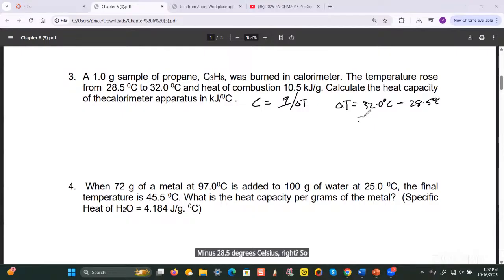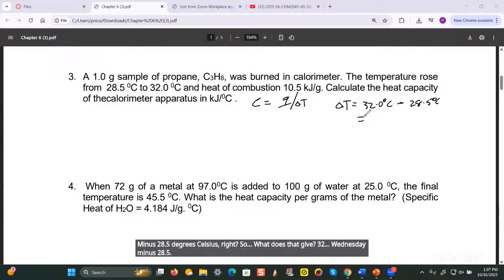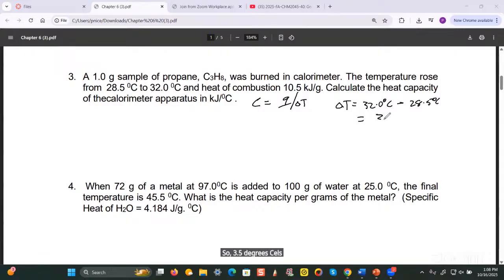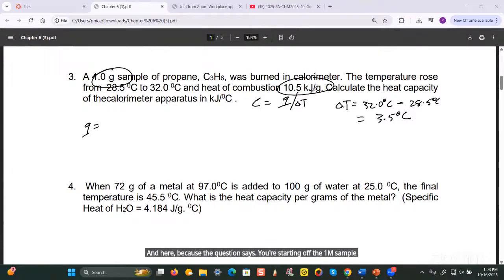So what does that give? 32.0 minus 28.5, so 3.5 degrees Celsius would be delta T. Now, the question becomes, how do we get Q? Q in this case is based on information provided here and here, because the question says you're starting off with a 1 gram sample of propane, and the heat of combustion is 10.5 kilojoules per gram, right?